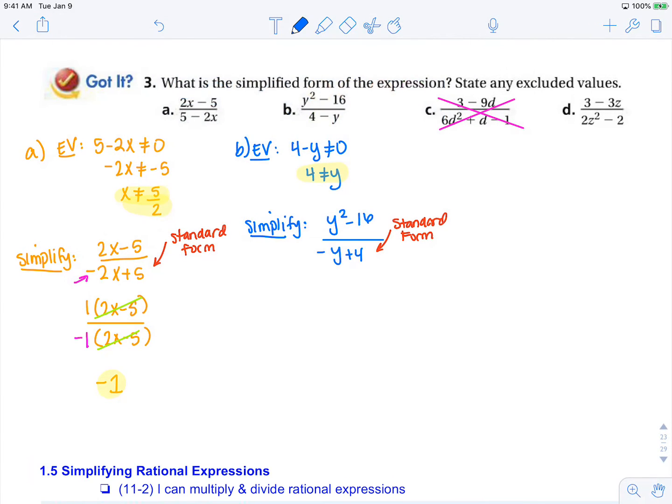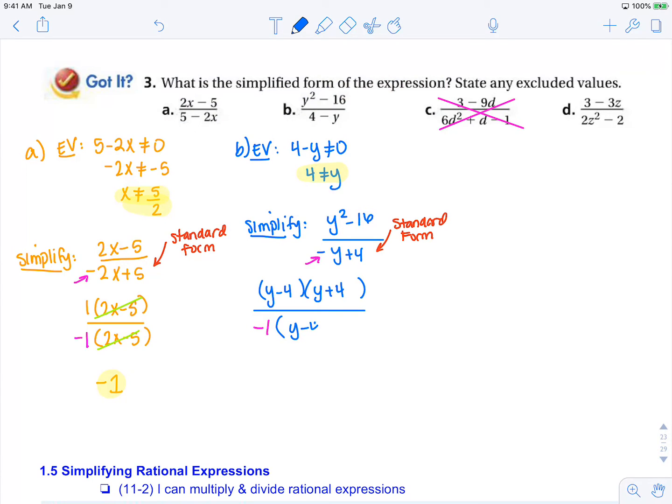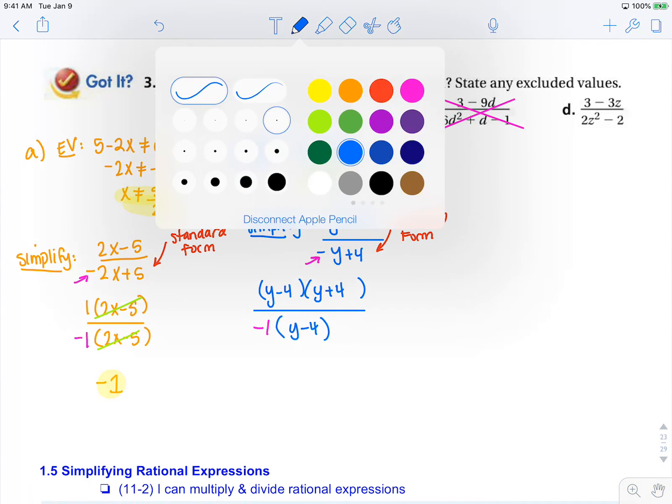So now I'll factor. My numerator is a square minus a square, y minus 4, y plus 4. And my denominator, since my leading coefficient is negative, I can factor out a negative 1, and that leaves y minus 4.